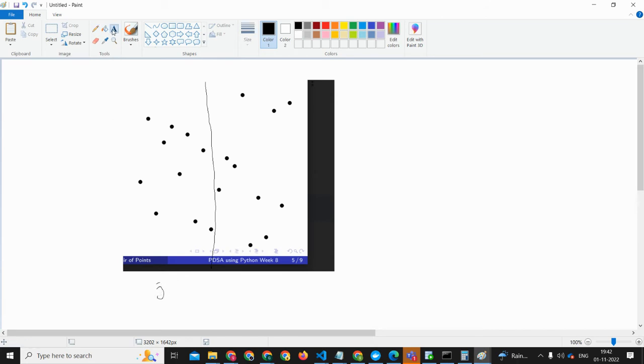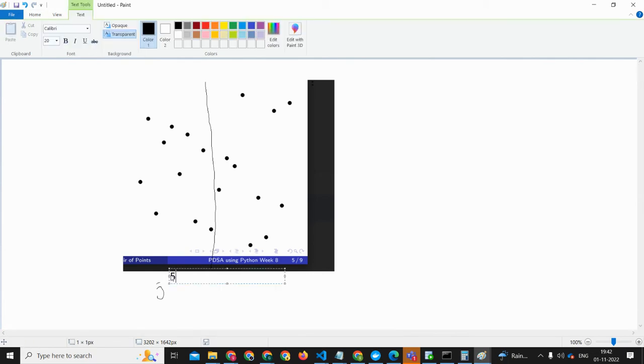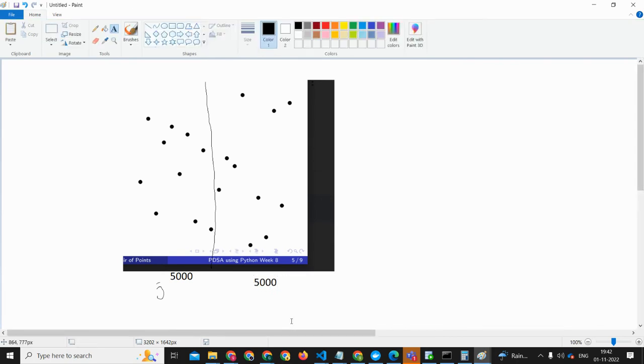Assuming that we have divided in two, 5,000 on the right and 5,000 on the left. Still the complexity is going to be huge, right? Because even the subproblem has a larger complexity, and I'm just talking about 10,000 points. You should know how big the point count can be, usually in terms of millions and billions.